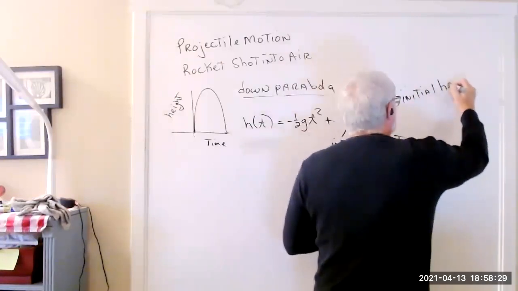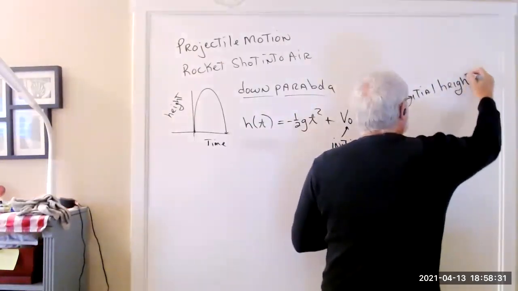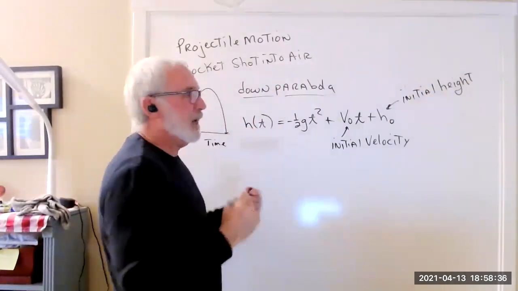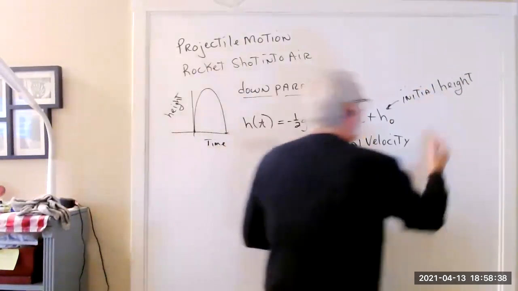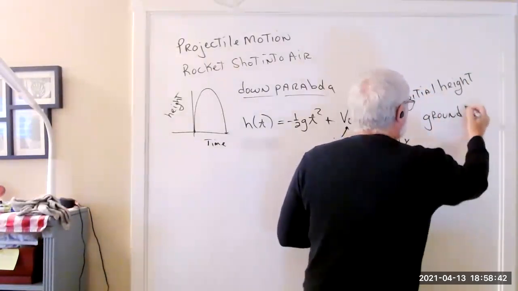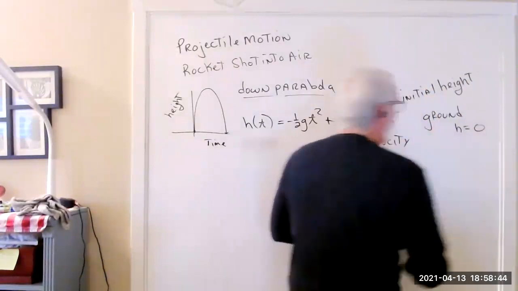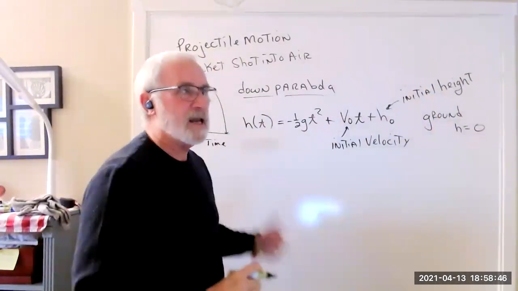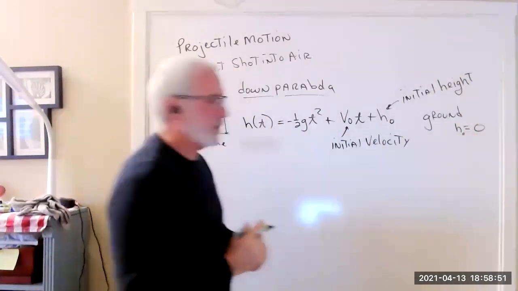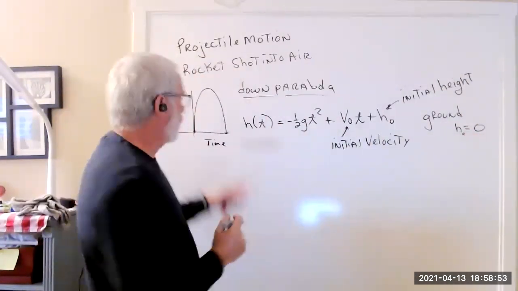H naught or H sub 0 is called the initial height. If it's on the ground, then that means H equals 0. The initial height, H sub 0, H naught is worth 0 because it's on the ground.